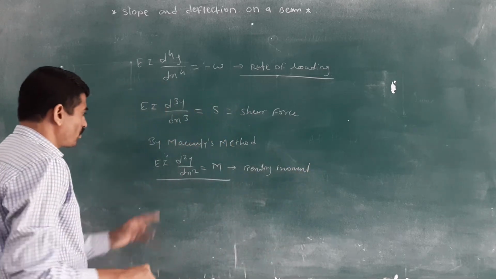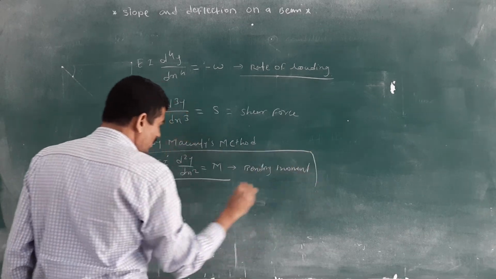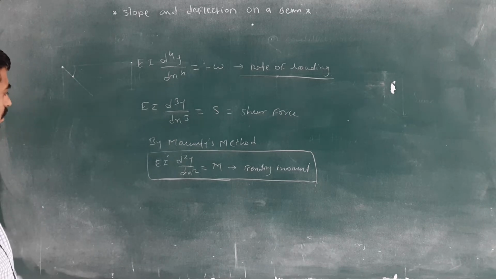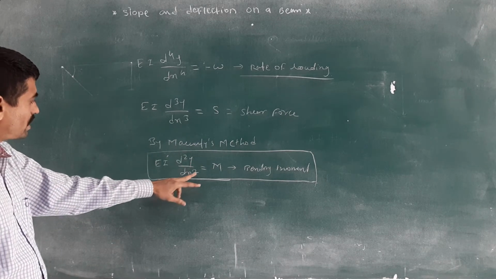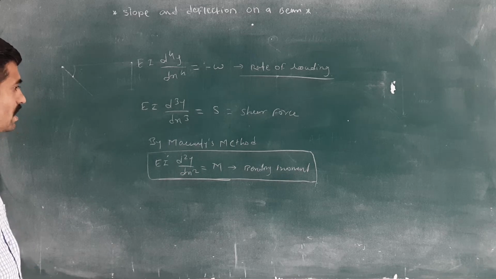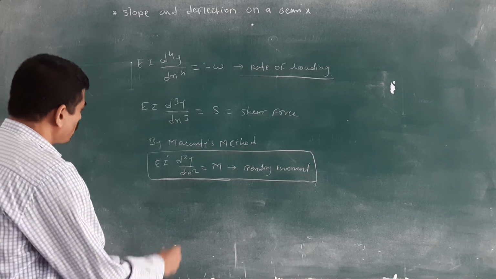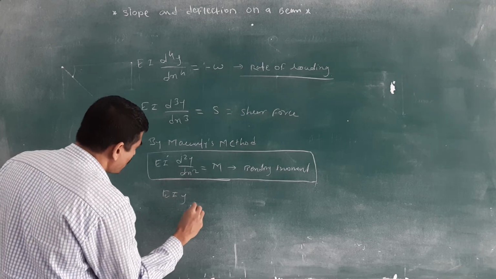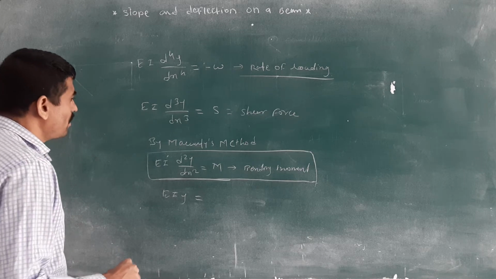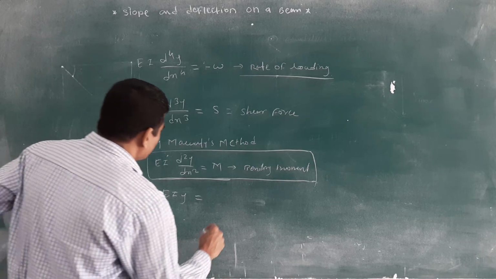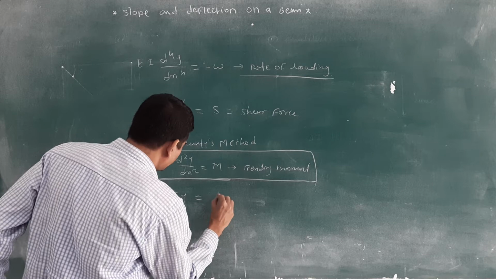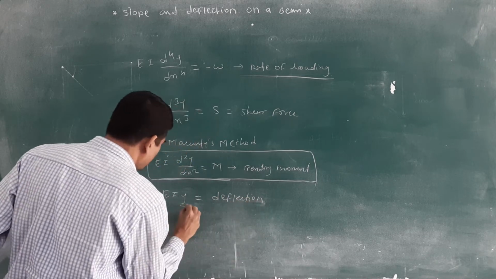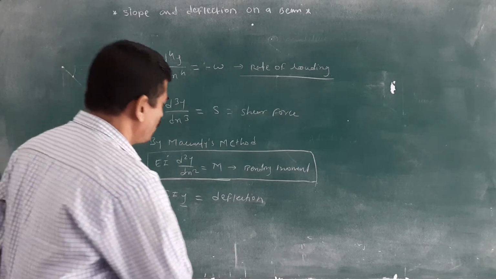This is very important. We require only this one formula to find the slope and deflection. Remember that EI d^2y/dx^2 is equal to M, the bending moment. If you integrate this equation again, you will get EI y, which gives the deflection of the beam.